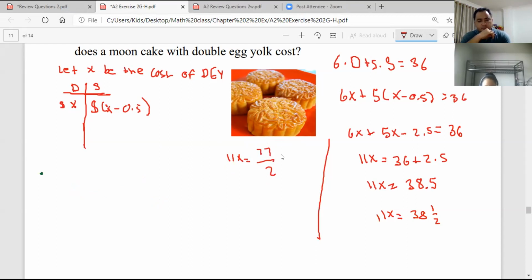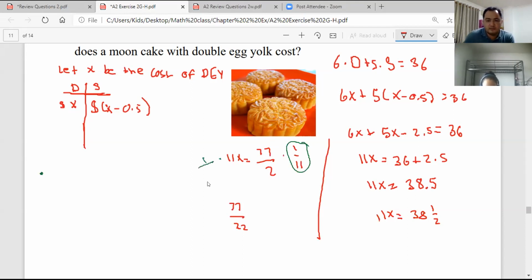Now multiply both sides by 1 over 11. Also multiply the left-hand side. You multiplied the right-hand side by this, but you also need to multiply the left-hand side by this number, right?